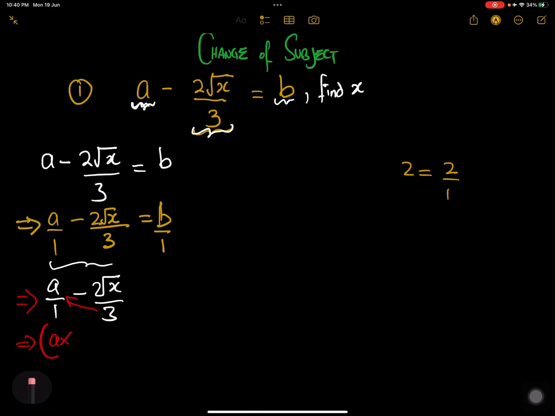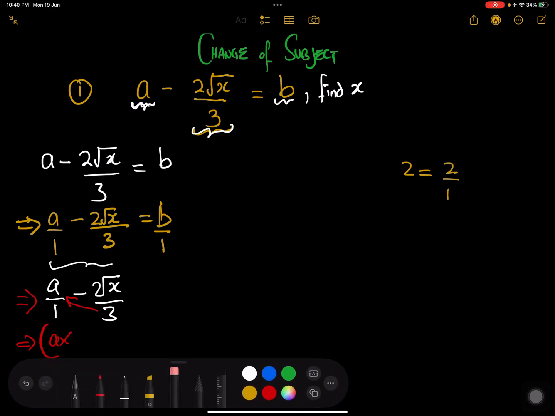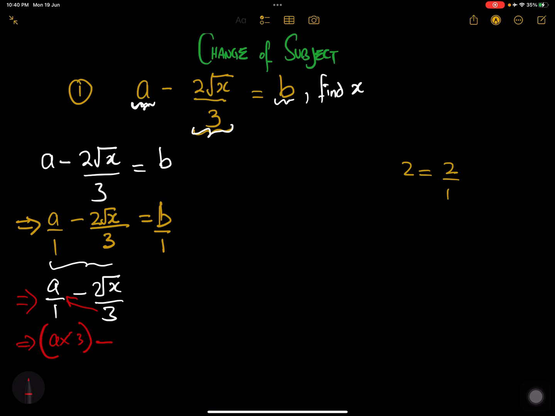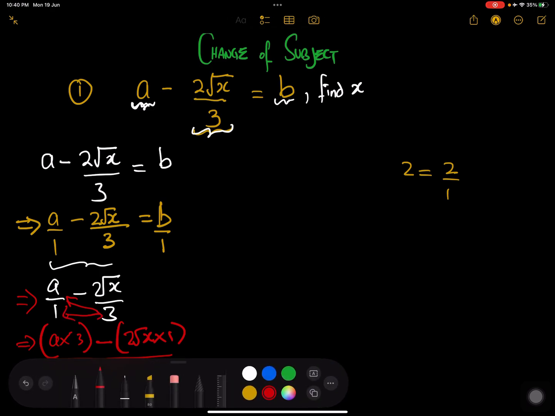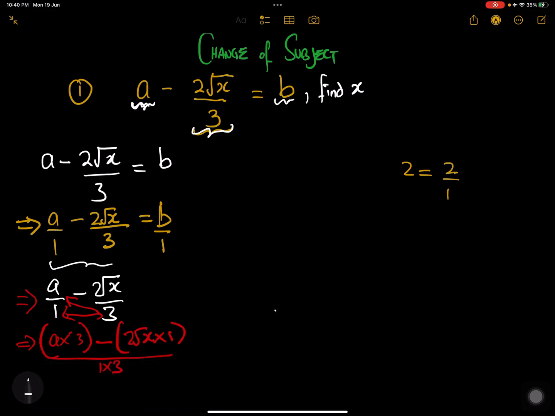We're going to have it with minus. Sorry about that. We're going to have a times 3 minus 2 square root of x times 1. And then we're also going to divide that by this one here, 1 times 3. Now, don't forget that this is supposed to be equal to b over 1.